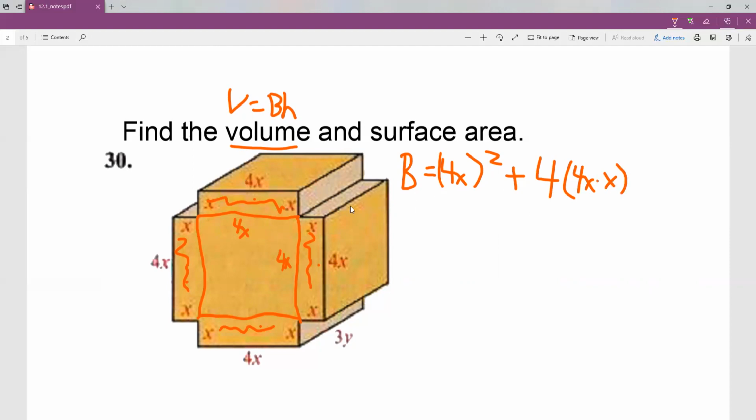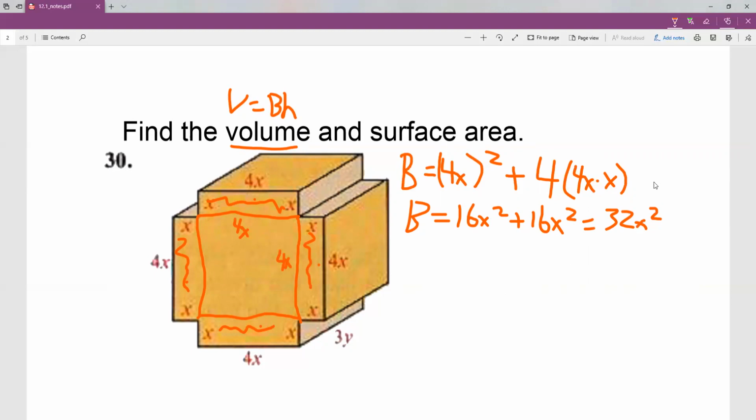So my base area is equal to 16x squared plus 4x squared times 4, which is 16x squared, giving 32x squared.